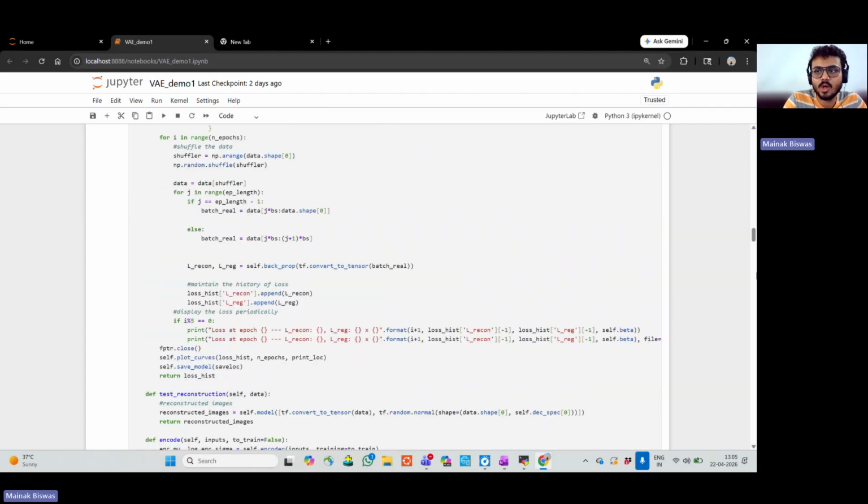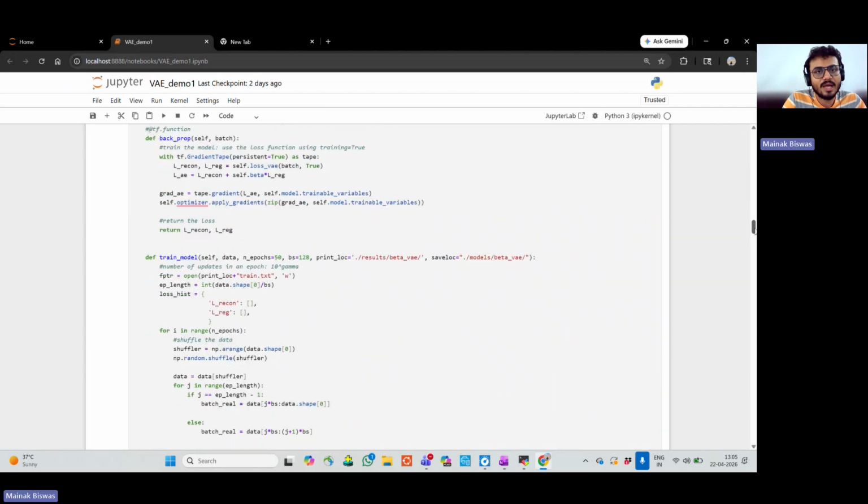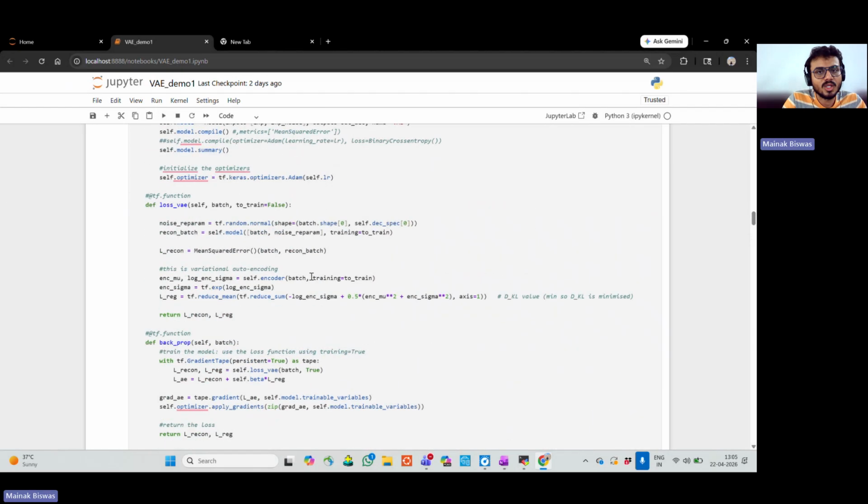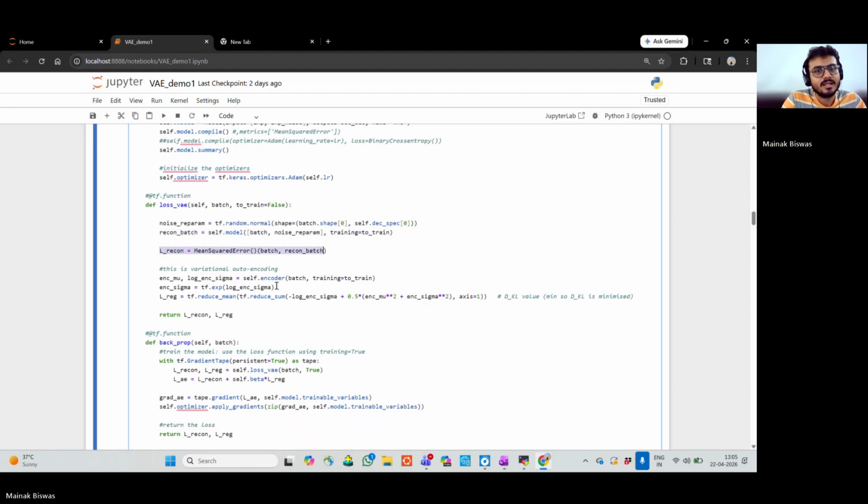Now let us see what the loss function of the model is. You have the encoder and the decoder, and the loss of the VAE is very simple. You get a noise term, pass the batch of inputs and the noise, and the model gives you the reconstruction. The reconstruction loss is just the MSE loss. Then you pass the batch to the encoder.